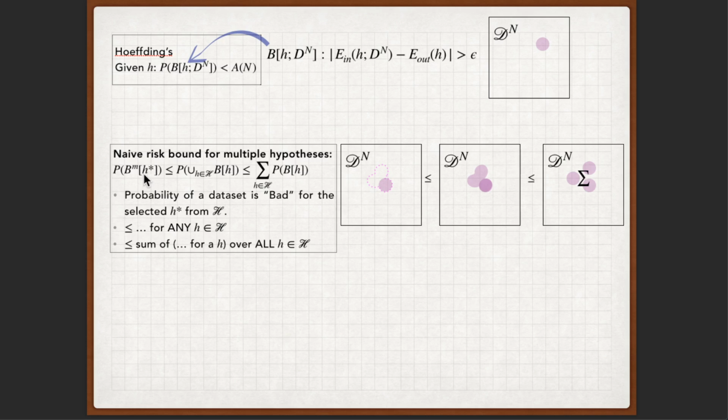For now, let us represent the size of the hypothesis family as m. We need to define the size later. Let us call the bad event for this learning process of selecting H star, B_m.